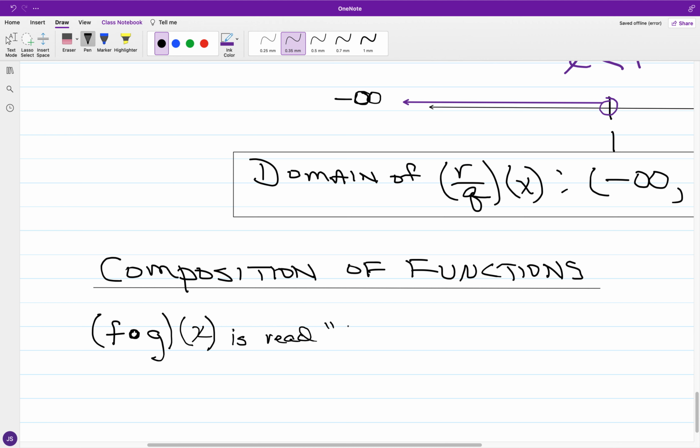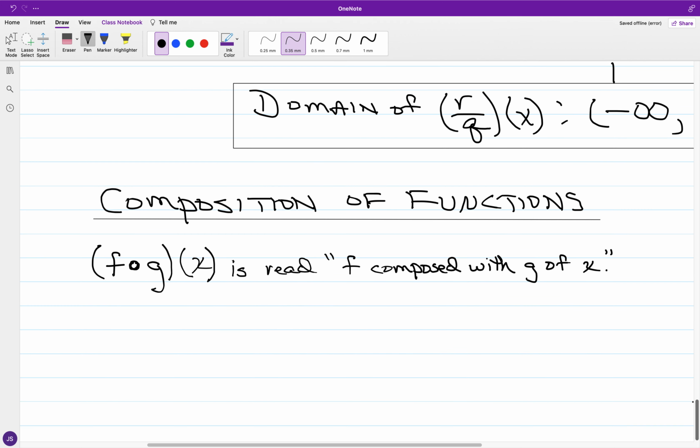F composed with g of x. And in terms of the operation, how compositions will work: you have f composed with g of x, and this is translated out to f of g of x.